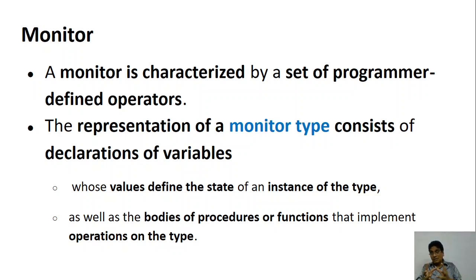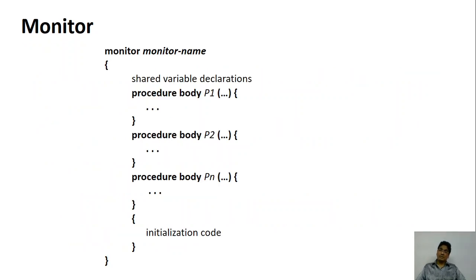So when you do that, we say that this is an instance of a monitor, and all these procedures can operate on the values that you have stored. Okay, so that's how it goes. So let's look at a monitor, a programming way of looking at the monitor. Compare this with the class that you have created in C++ or Java or any other programming language.